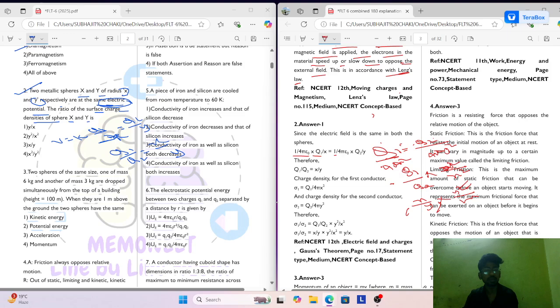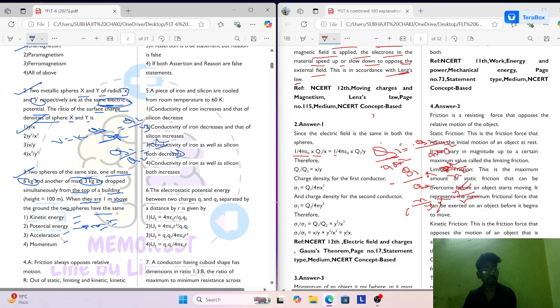Two spheres of the same size, one of mass 6 kg and another of mass 3 kg, are dropped simultaneously from the top of a building. When they are 1 meter above the ground, what will they have the same? We have kinetic energy, potential energy, acceleration, and momentum. Potential energy depends on mass and height. They are at the same height but their masses are different, so potential energy will not be the same.